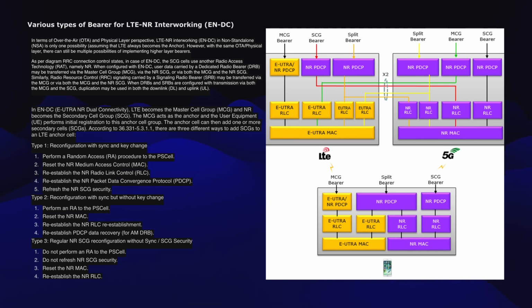According to 3GPP 36.331, there are three different ways to add SCGs to an LTE anchor cell. Type 1. Reconfiguration with sync and key change. Perform a random access procedure to the PSCell.